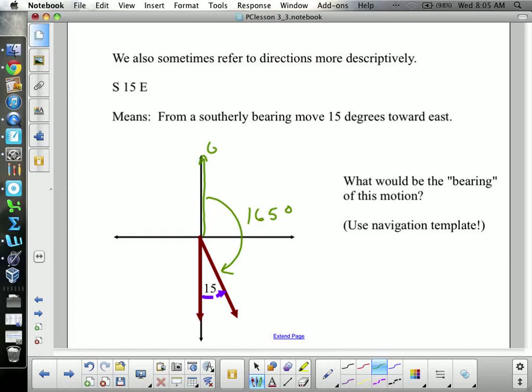Because bearing has everything to do with direction, and navigation is all about direction. Now, most of this navigation stuff, obviously, with the advent of GPS, is pretty much outdated. Because now we just punch in our GPS where we want to go, and it does it for us, right? Even tells us where to turn, or if you're in a ship, it'll tell you if your compass is on the right bearing or whatever.